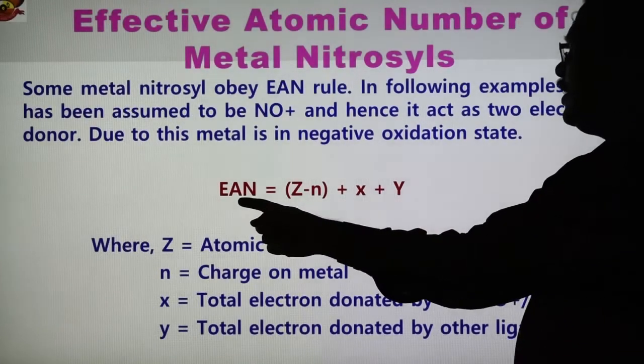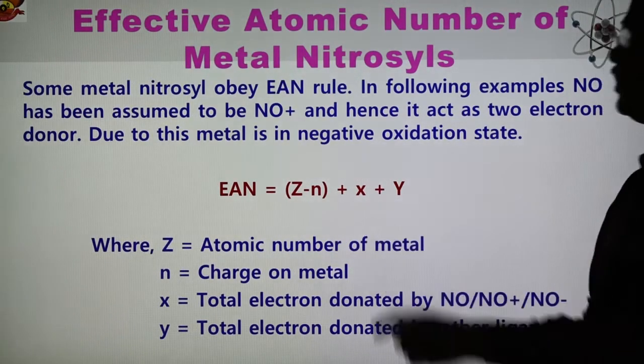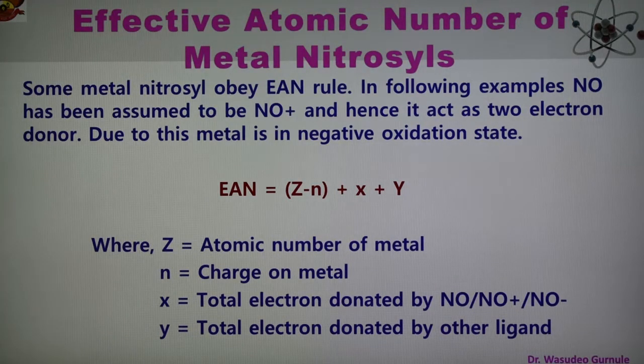The formula is EAN equals Z minus N plus X plus Y. This is the formula to calculate the EAN in a metal nitrosyl, where Z is the atomic number of the metal, N is the charge present on the metal, X is the total number of electrons donated by NO, NO plus or NO minus, and Y is the total number of electrons donated by other ligands.